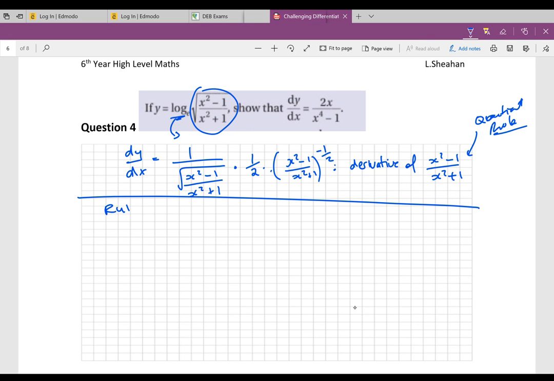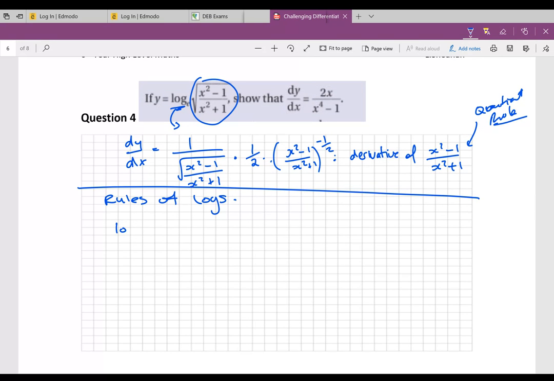If you look at your rules of logs, you have log e of (x squared minus 1 over x squared plus 1) to the power of minus a half. Take the half in front: a half log e of (x squared minus 1 over x squared plus 1).